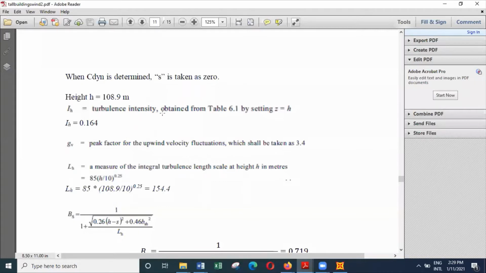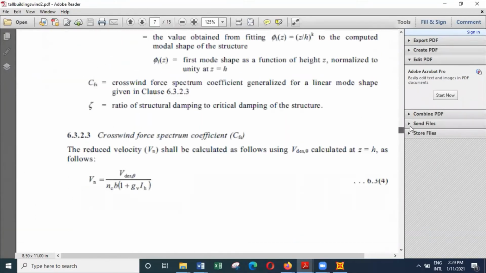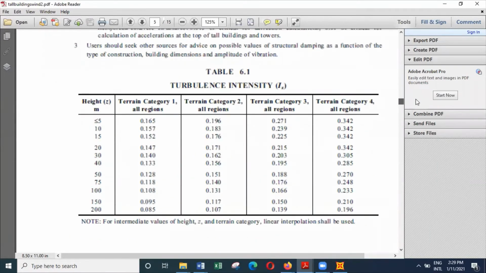IH is the turbulent intensity, and turbulence intensity depends on the height and the terrain category. So height is 108.9 and terrain category 3. So it will be a value in between 0.15 and 0.166.